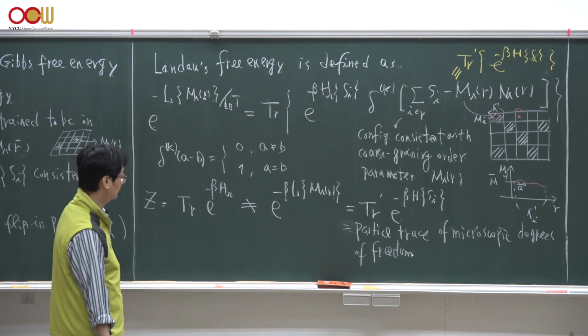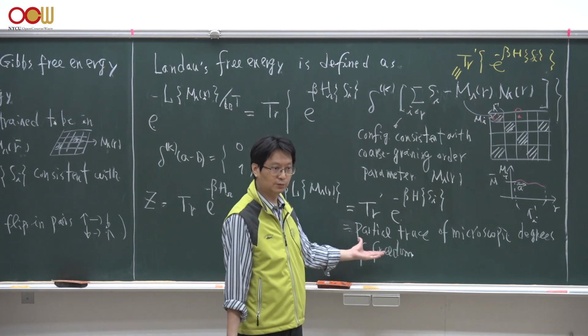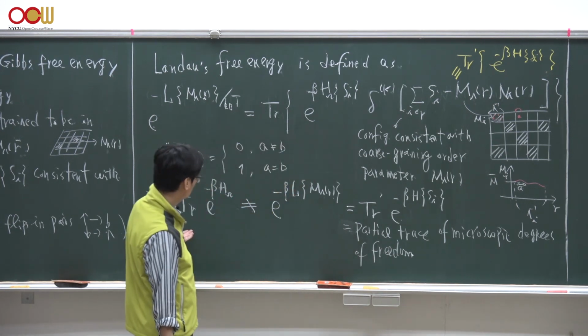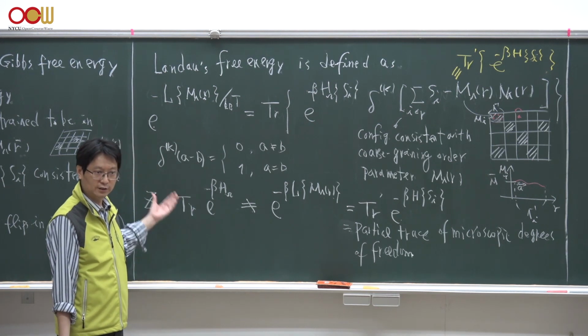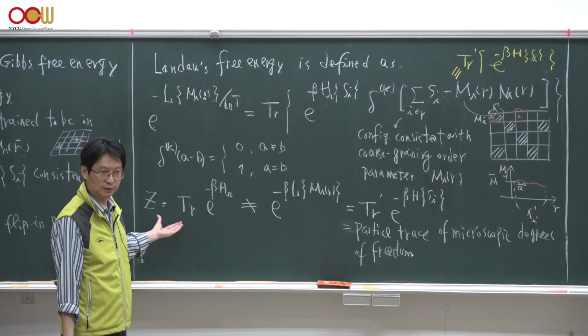You can see that this partial trace of microscopic degrees of freedom within each block is not the same as tracing over the entire microscopic degrees of freedom when we compute the partition function.